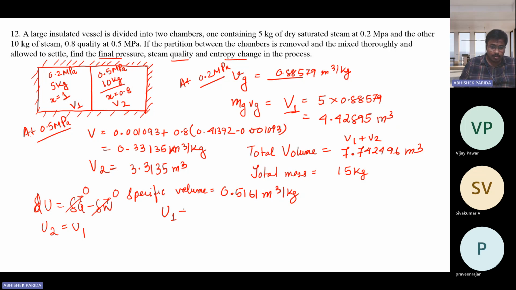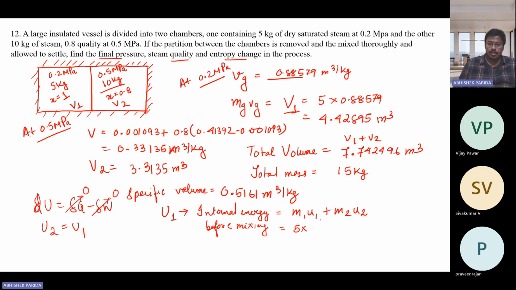So just find out U2 and U1. U1 is the internal energy before mixing. So it will be M1 U1 plus M2 U2. In the first case, M1 is 5 kg, so 5 into U1.